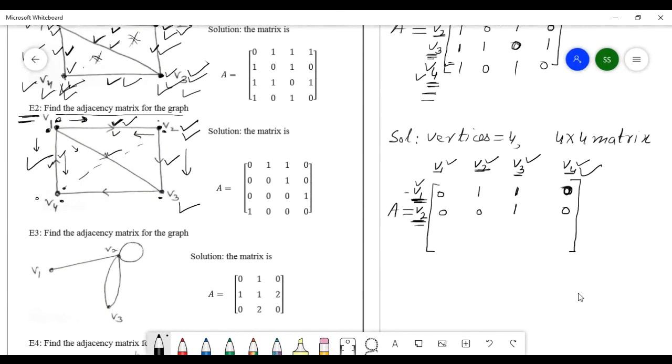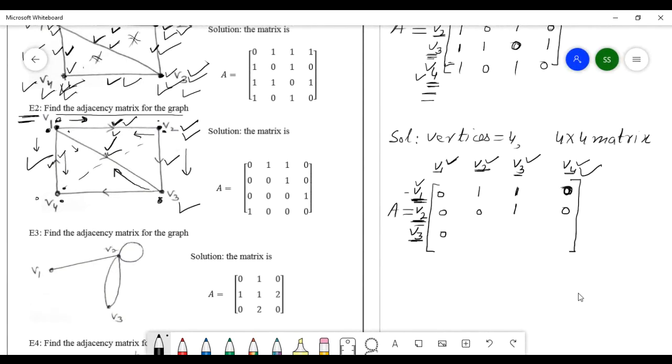Now take V3. Start from V3 and go to V1. V3 is here and V1 is here. Start from V3 and go to V1 this way, but the arrow is opposite, so no edge, here 0.